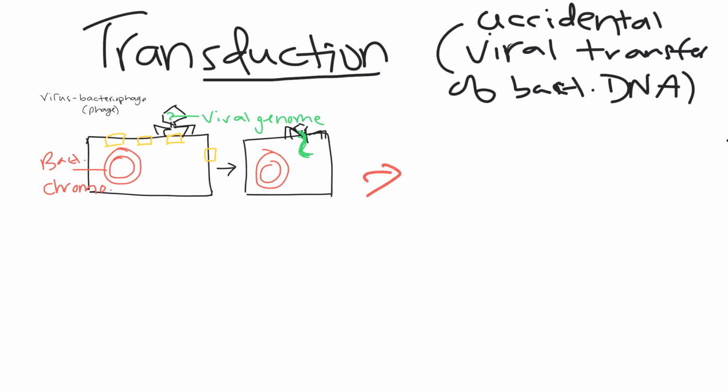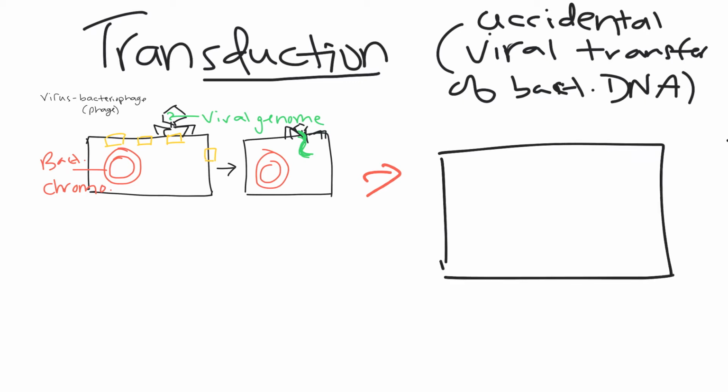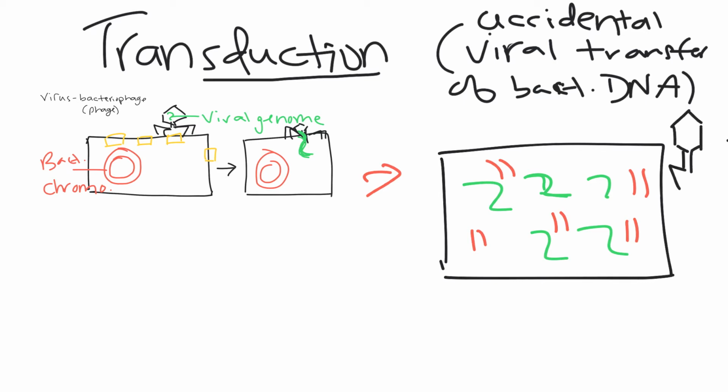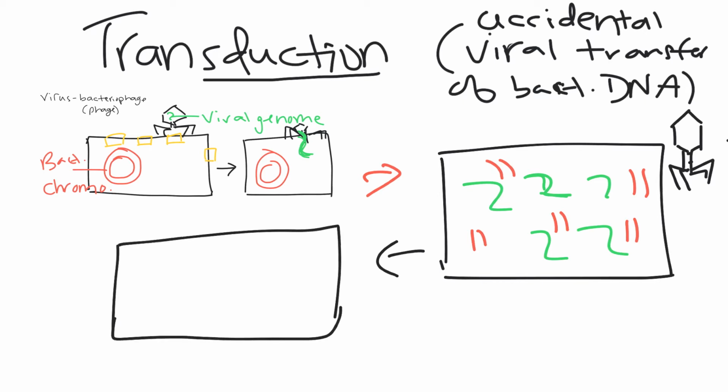And then, as is typical, now the viral DNA will be inside. That will replicate using the host machinery and the host molecules, and the DNA will fragment. A lot of it will be degraded. Those nucleotides will be used to build the viral DNA. And then we have the empty phage here. Okay. So now we have an infected cell, and that cell will produce viral capsid proteins, which will then self-assemble in the cell.